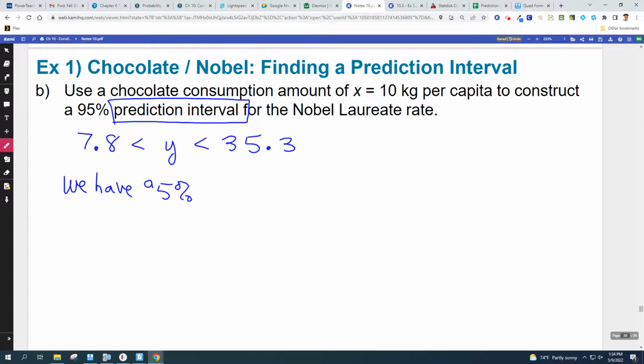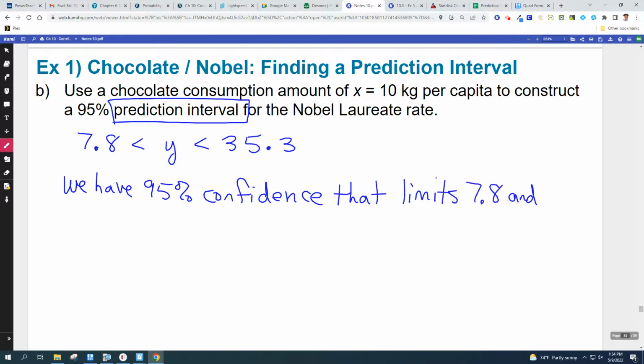But one thing we know is we have 95% confidence that the limits 7.8 and 35.3 contain the value or number. Let's do this.